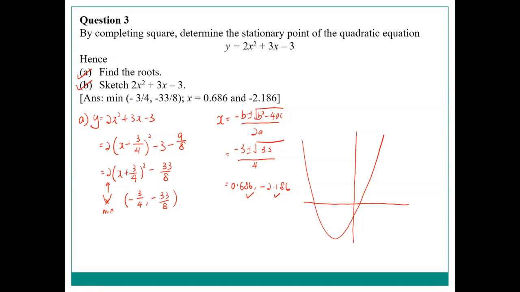The minimum point is (negative 3 over 4, negative 33 over 8). This is the y-intercept, negative 3. This is the root 0.686 and the other root is here, negative 2.186. Make sure you label all the points correctly because each of the labelled points will be given marks.